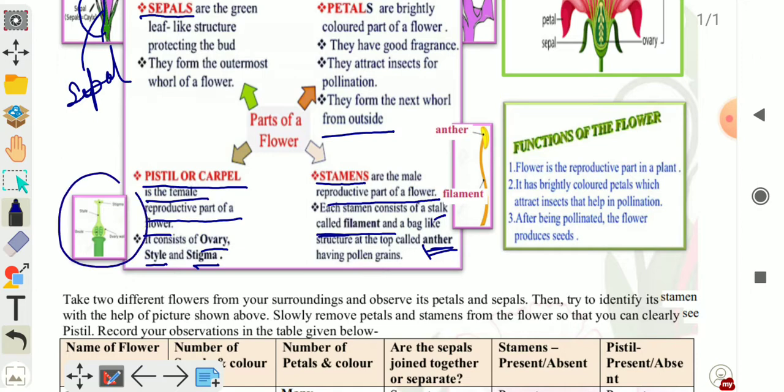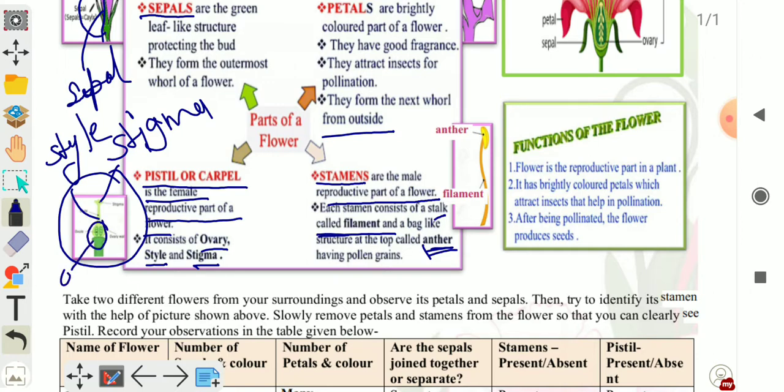In this picture, this part is called stigma. This stalk-like structure is called style, and last part of the pistil is called ovary.